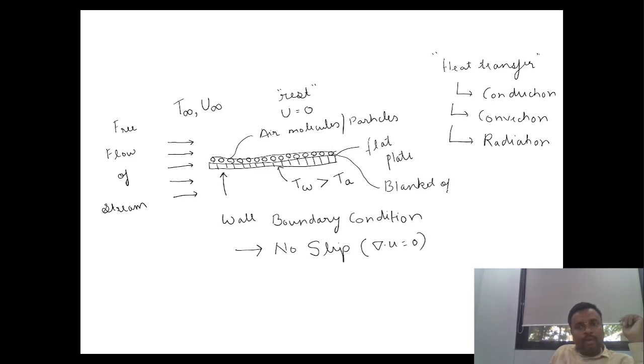In order to transfer the heat from the surface of the wall to ambient, the heat needs to overcome this barrier. Since these air particles are at rest, they are acting like a blanket.